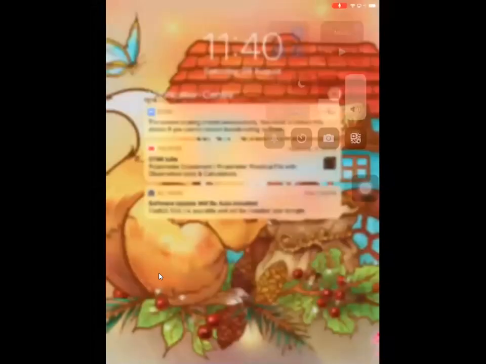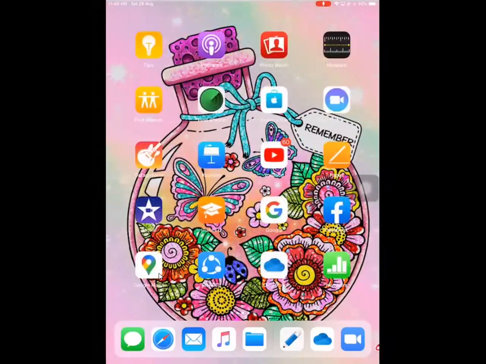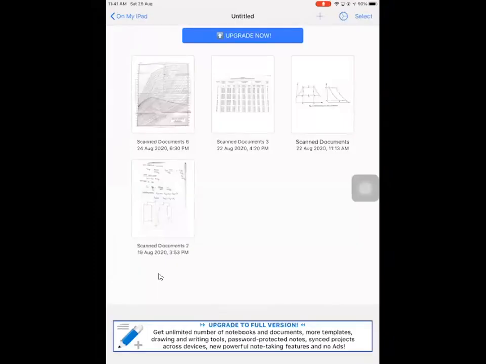We'll go with a different approach. Now we are able to see the screen, right?